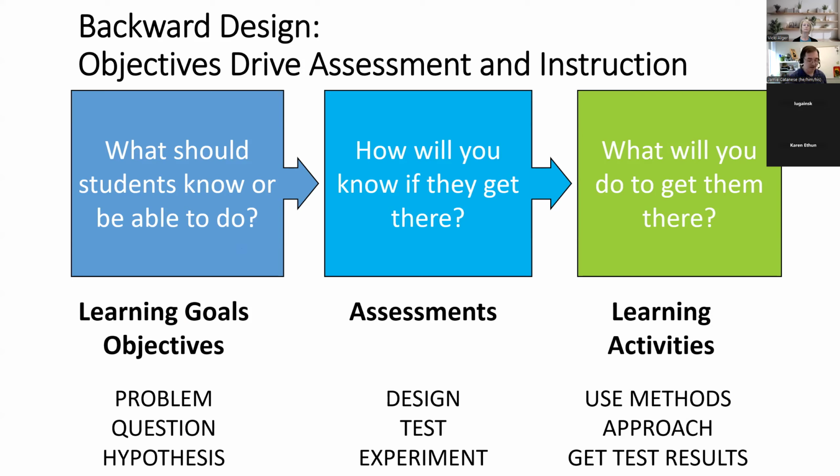You instead, as a scientist, right? You do that scientific method, right? You have a problem or a question or a hypothesis, and you design that test experiment, right? And then you do it. You collect those data. And so we do the same thing in our classes, right? What do we want students to know, right? We're going to go a little bit more into this in a minute, right? How do you know if they get there? And then what is it that they're going to do to show you that?